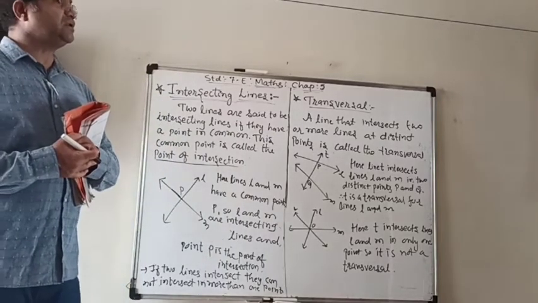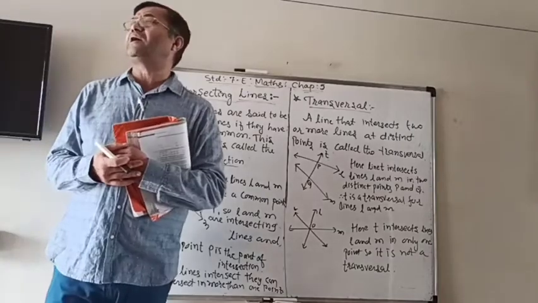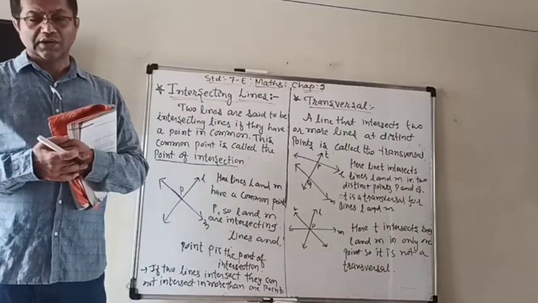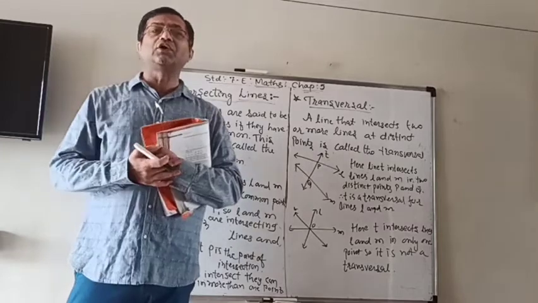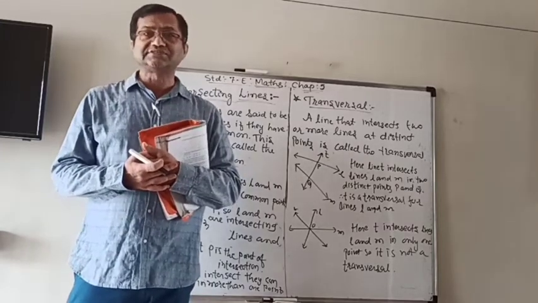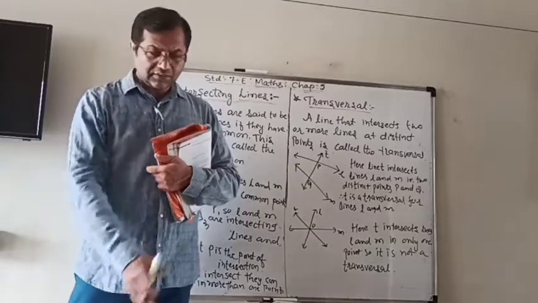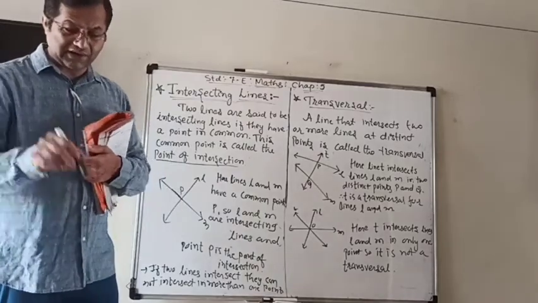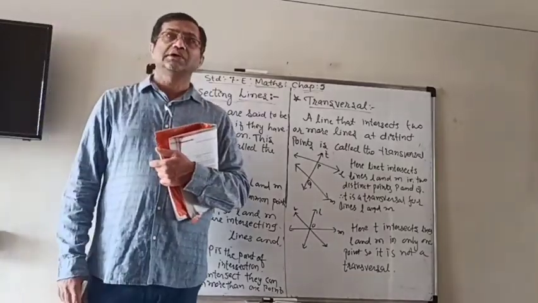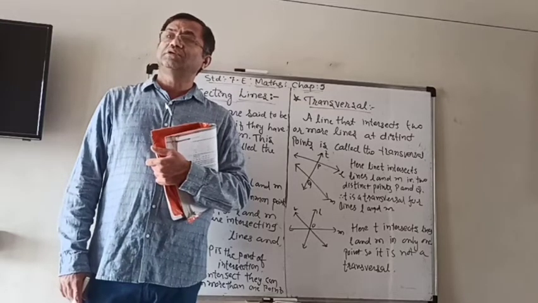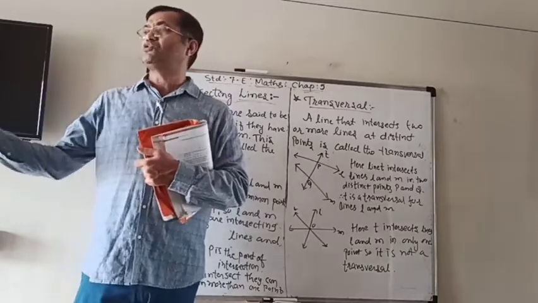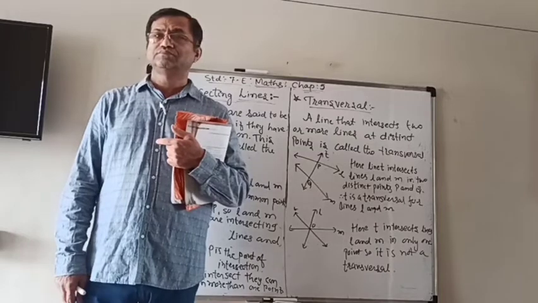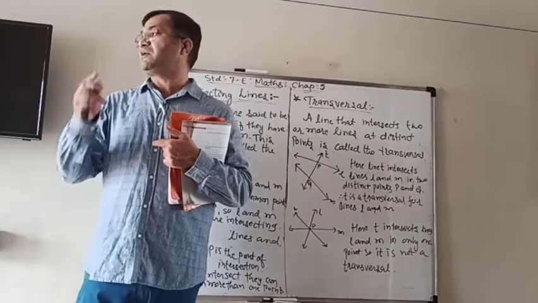Now you can get many ideas around you about intersecting lines. First of all, if you look at your floor, there are tiles. The lining where the tiles are joining each other, you will see that they have a common point. Similarly, in your house, when two walls are adjoining each other, the lines are having a common point.